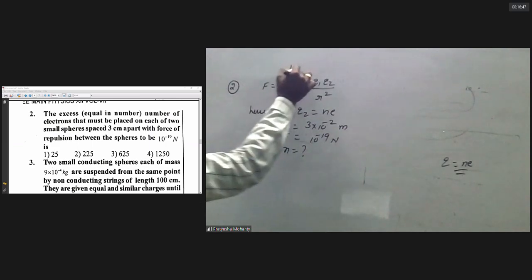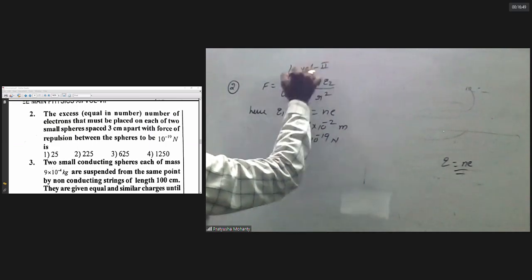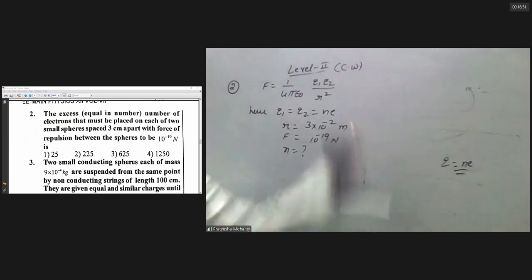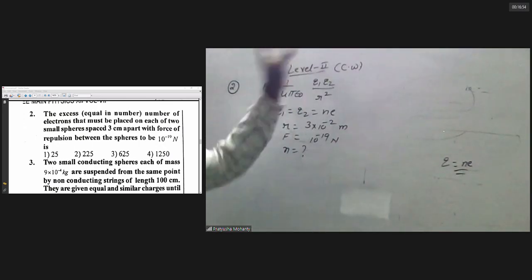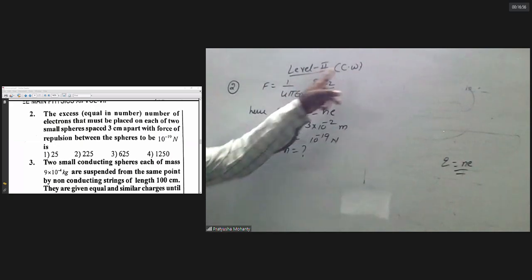This is level 2 from our material, class work. If you have the material, open and then see. Class work level 2.